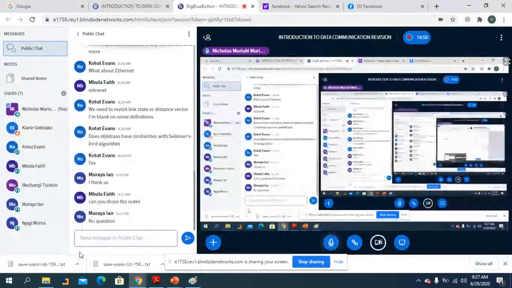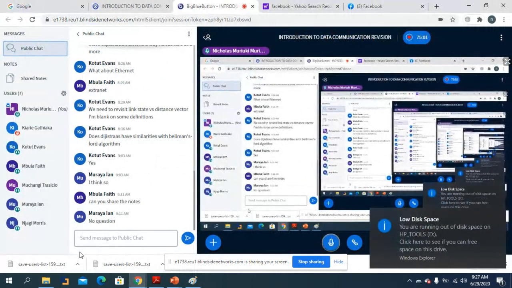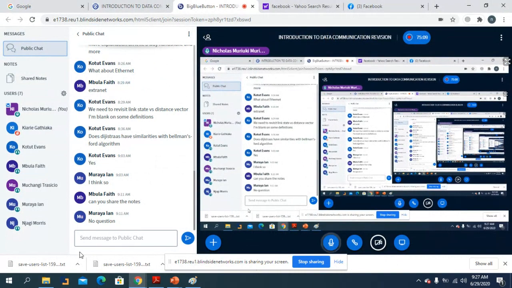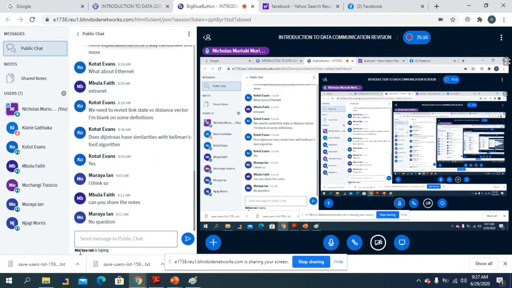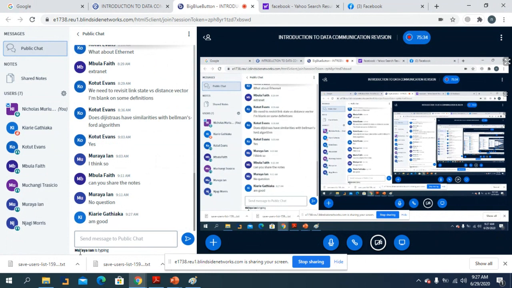Are there challenges on these topologies? Yes, Kerry has said no issue.